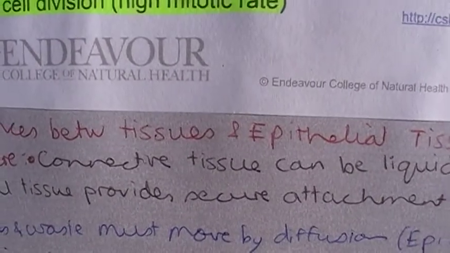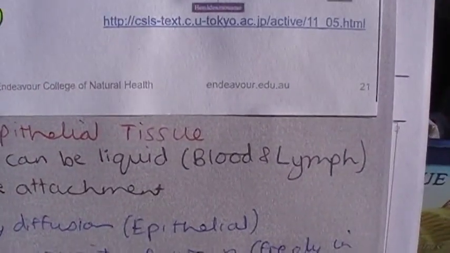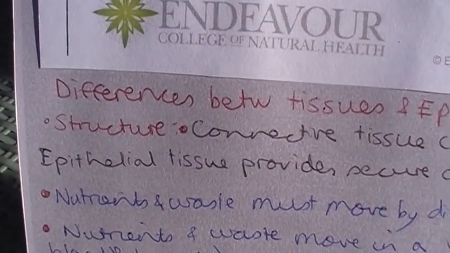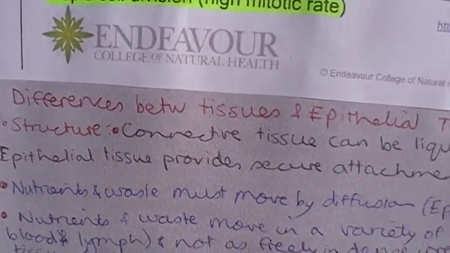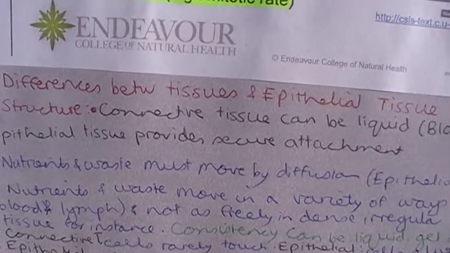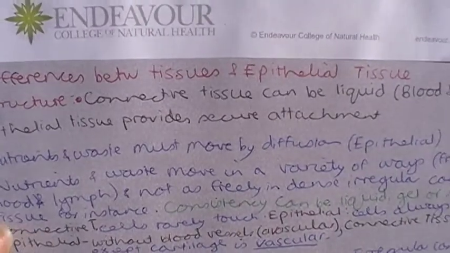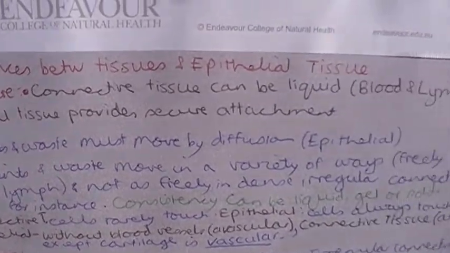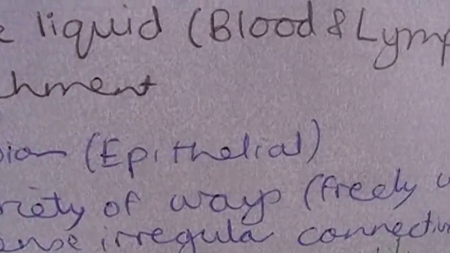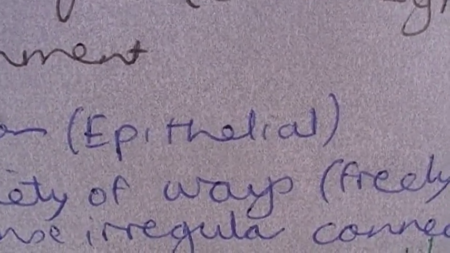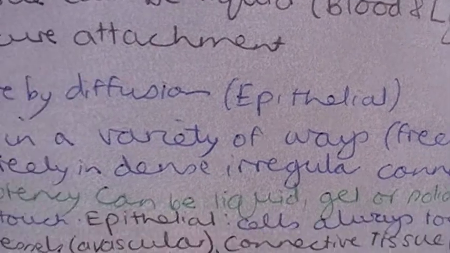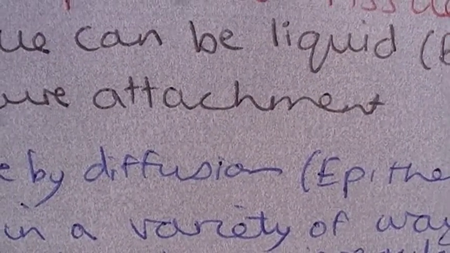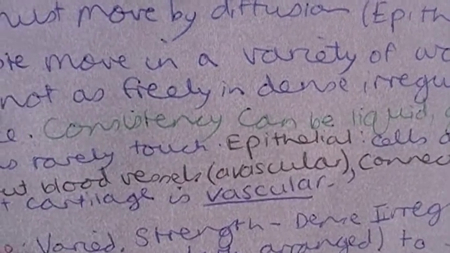Connective tissue can be what? Epithelial tissue provides secure attachment, in contrast. In epithelial, how do nutrients and waste move? They must move by diffusion.